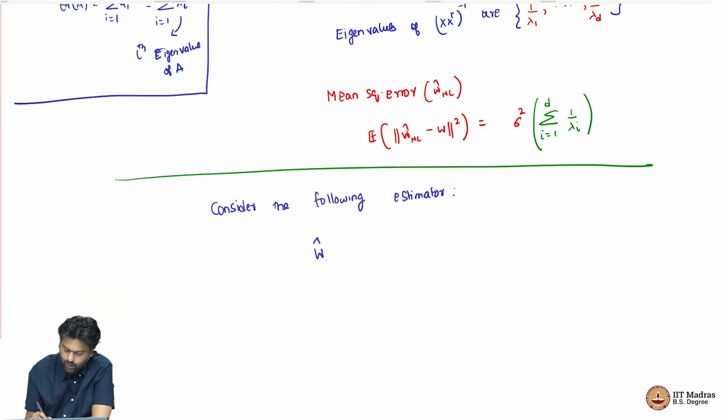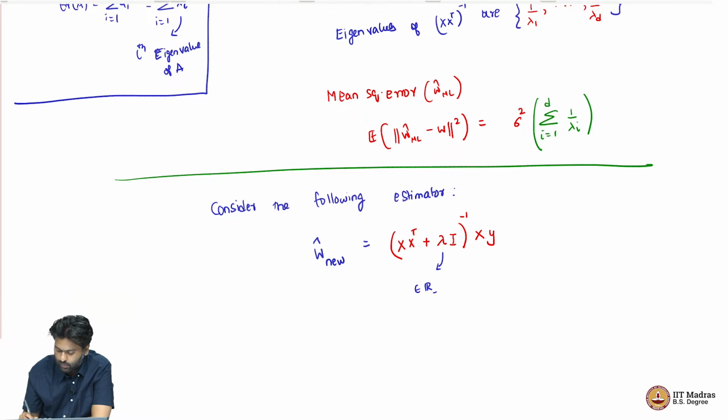Let us call this w hat nu, which is not the maximum likelihood estimator, it is going to be different, and it looks like the following. It is x transpose x plus some lambda times the identity matrix, inverse, times x y. Now, what have I done? Lambda is just some real number.